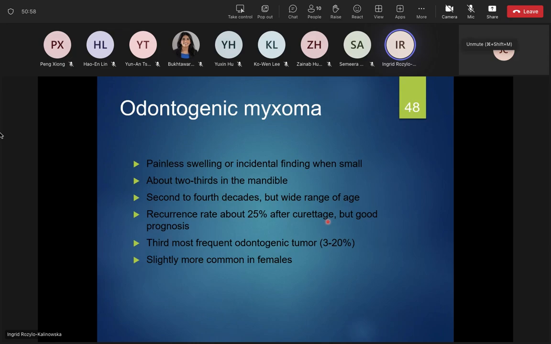Odontogenic myxoma is a painless swelling or incidental finding when small. It's around 2/3 in the mandible. It occurs in the 2nd to 4th decade of life, but there's a wide range of age for occurrence of an odontogenic myxoma.